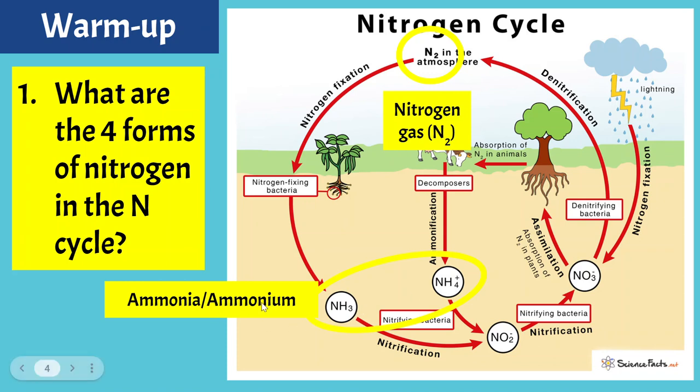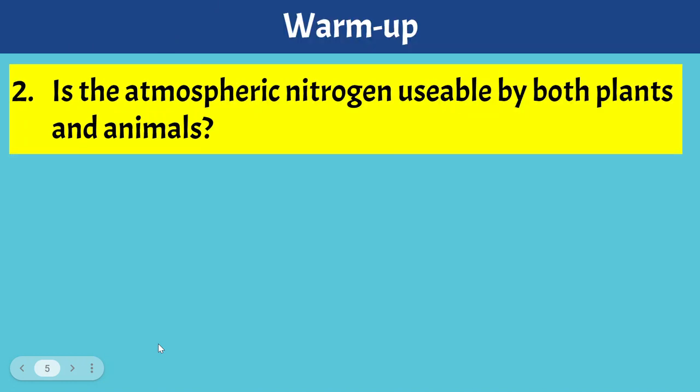That's going to be a different form. We have nitrites, which are not particularly helpful for us. Nitrites, that second I is for icky. And then the other form that we look at is nitrate, NO3. So these are the 4 basic forms in which we are finding our nitrogen.